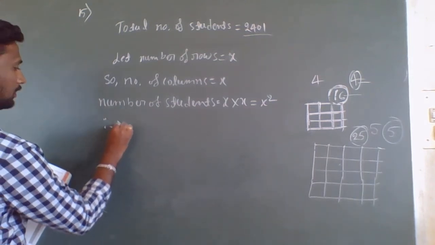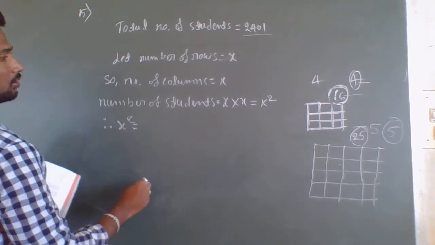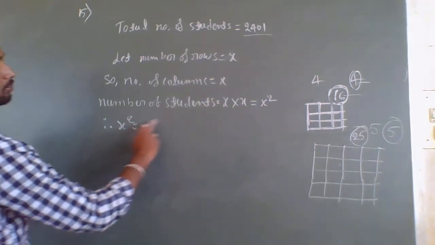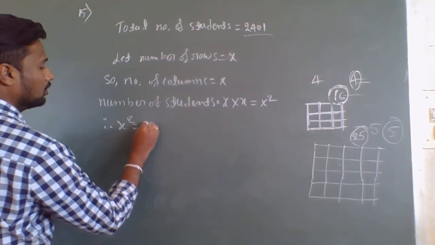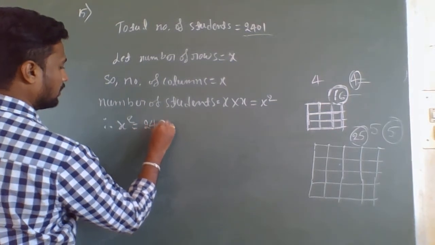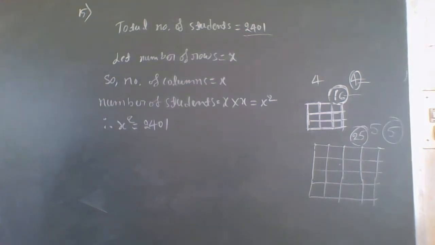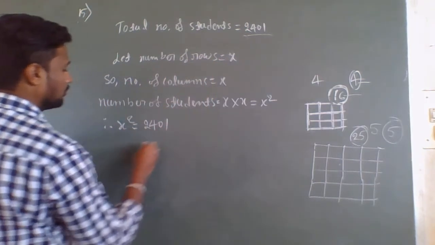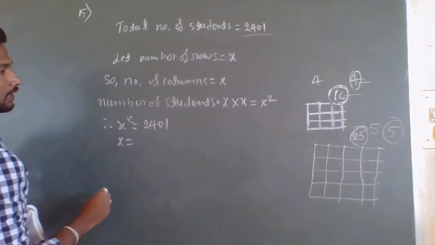Therefore, x square is equal to the total number of students, 2401. But here we want the number of rows, which means we have to find the x value.